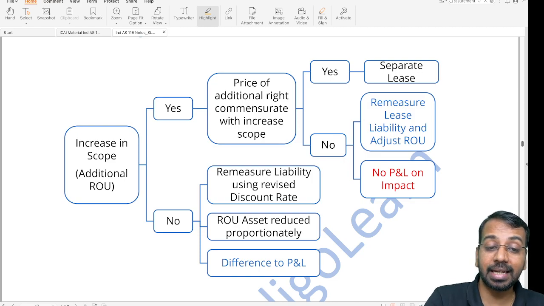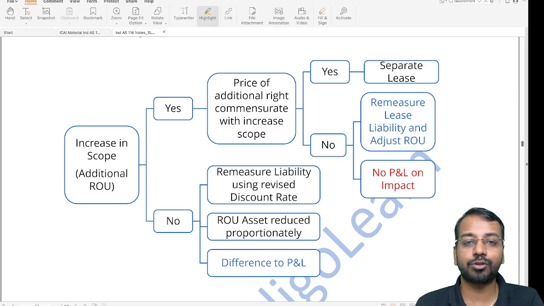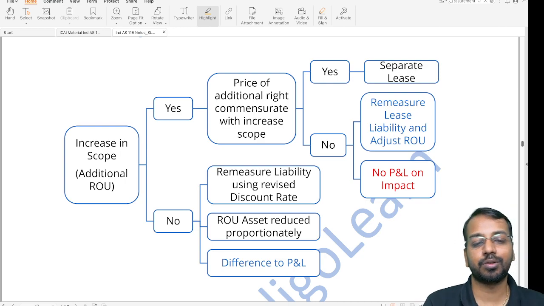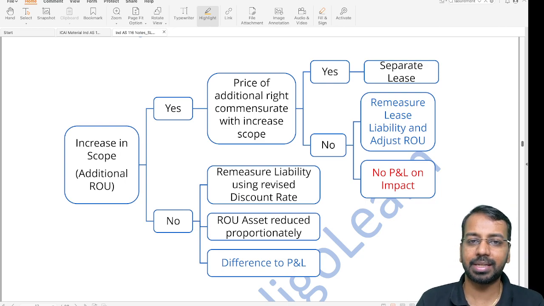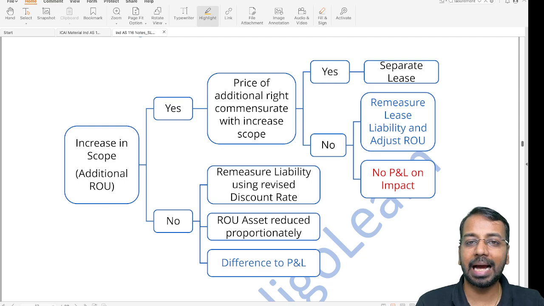If there is an increase in scope, then check whether the additional right is coming with a price which is commensurate with the increase in scope. Now, what do I mean by that? Basically, let us say one floor currently I have taken at 10,000 rupees. I added a second floor, he gave at 20,000, means 10,000 plus 10,000.